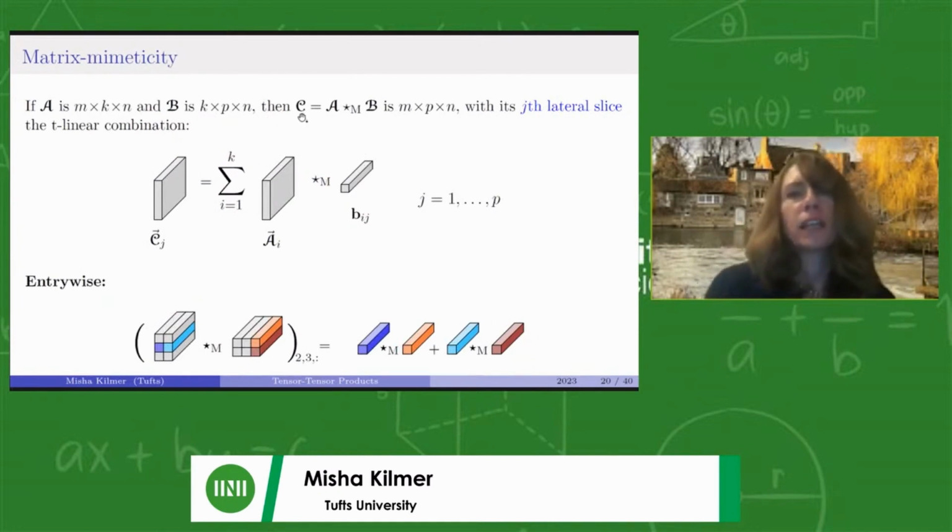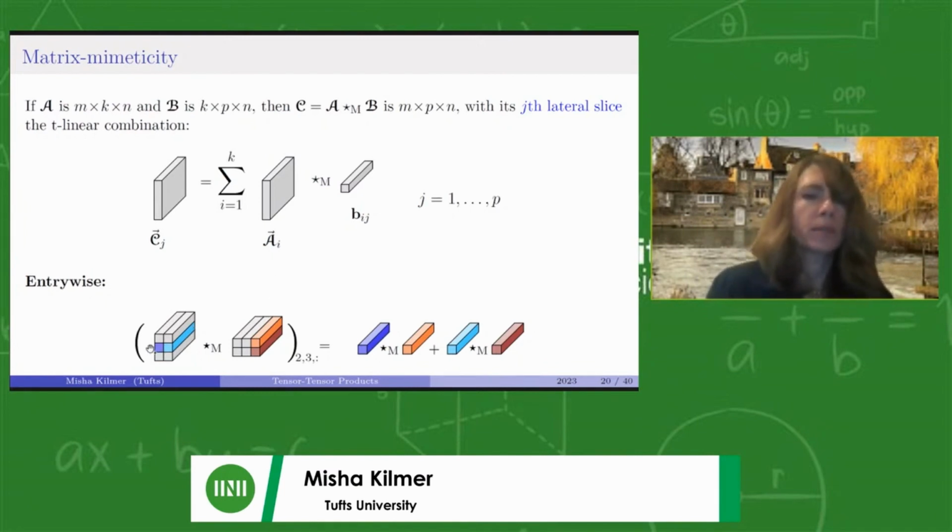In the sense that if C is defined as A star M B, then I want to look at, say, the jth lateral slice of this tensor C. It's really this t-linear combination of the lateral slices of the A tensor post multiplied by the tube fibers in B. So again, if I took this picture that I'm displaying here and took away the aspect in the third dimension, it would look exactly like the definition of what the jth vector in a matrix looks like in terms of the A and the B.